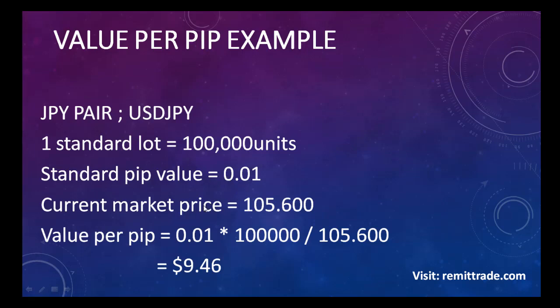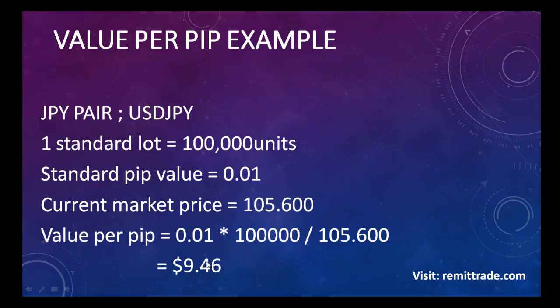All right. So if we are using the current market price as of today for USD JPY, which is 105.600, and you put this into the formula for value per pip, you will have $9.46. So it means that for each pip movement in this particular pair, that is USD JPY, you will have $9.46 as your profit.